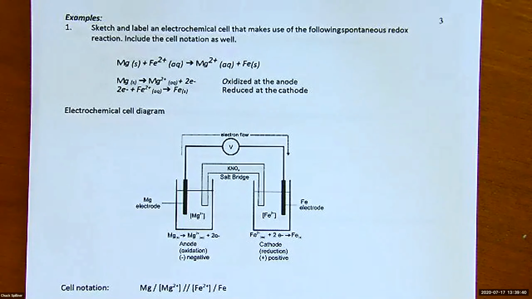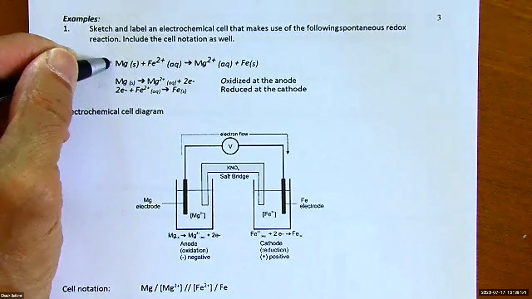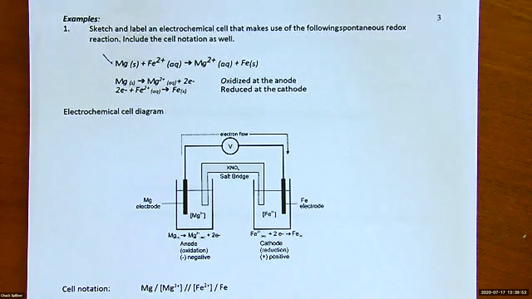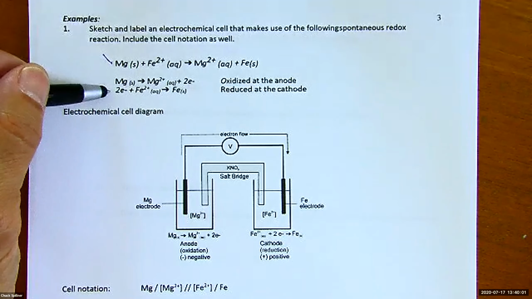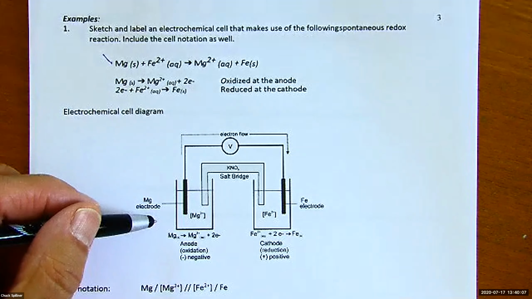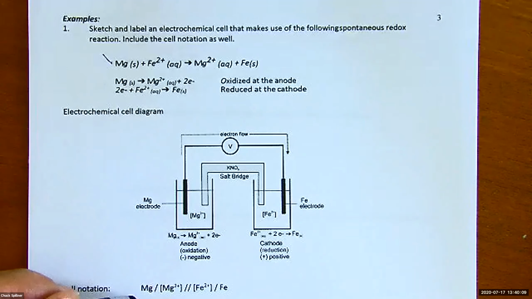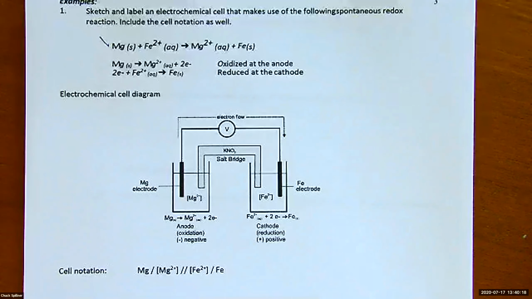And then the third page is an example of how you would take a spontaneous reaction shown here, magnesium plus iron 2+ ion going to magnesium ion plus iron solid, and separating it into the oxidation reaction and the reduction reaction, and then sketching an electrochemical cell for that reaction, and then writing the cell notation. So those are the 3 steps there.